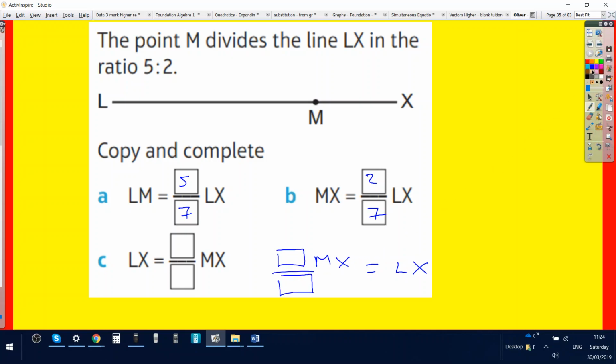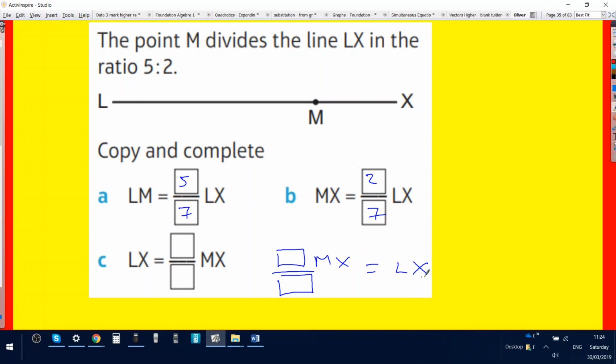You would divide by that. No, you take it away. Would it just be 5/7? That's this one up here.